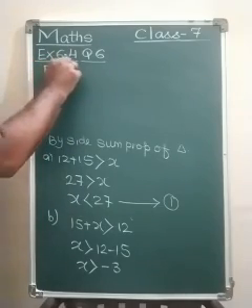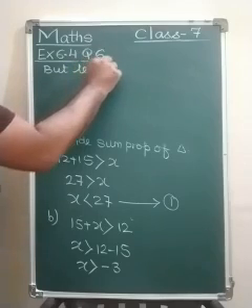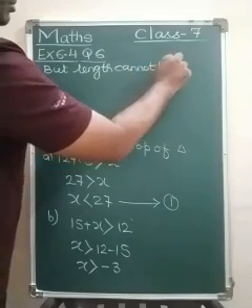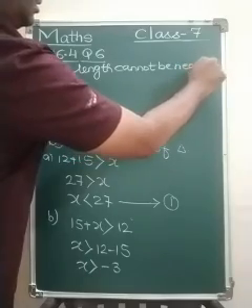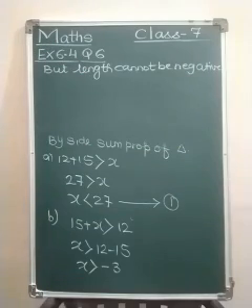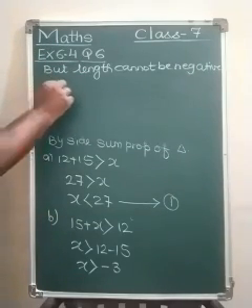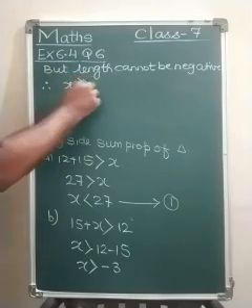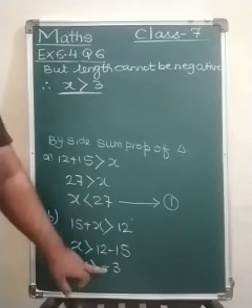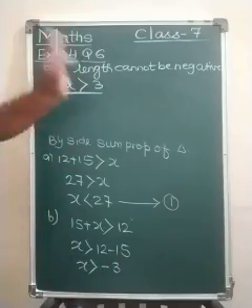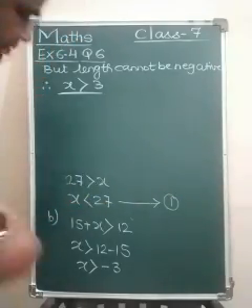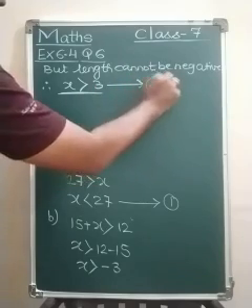Length cannot be negative. Therefore, x is greater than 3. So straight away, length cannot be negative, so we disregard the negative sign and take it as positive 3. So give this as number 2.